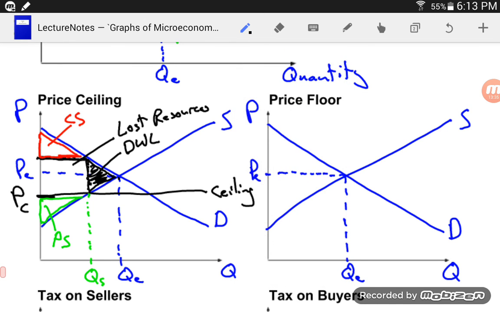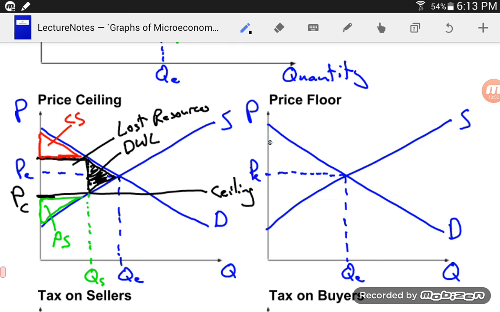Just like we saw with the ceiling, if we were to put a price floor in too low, it wouldn't be effective. It wouldn't do anything because the floor says we can't go any lower than that. So if I put it down there, it didn't matter because the price wasn't going to be below that anyway.